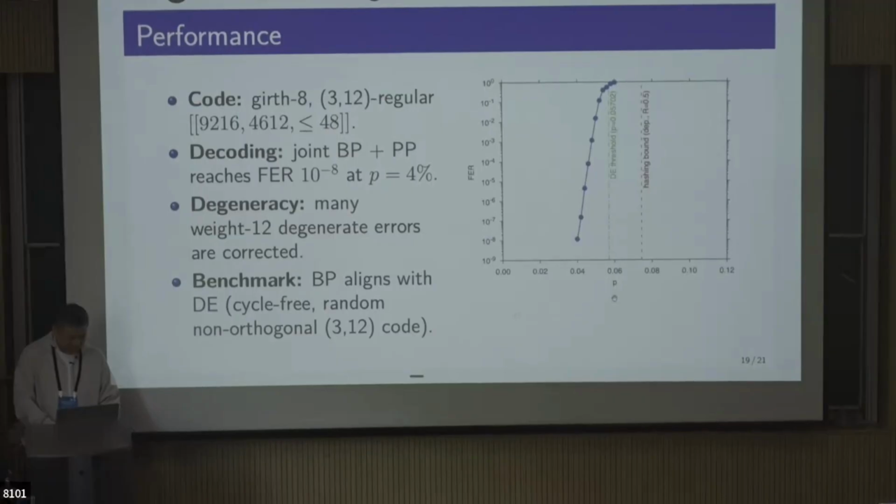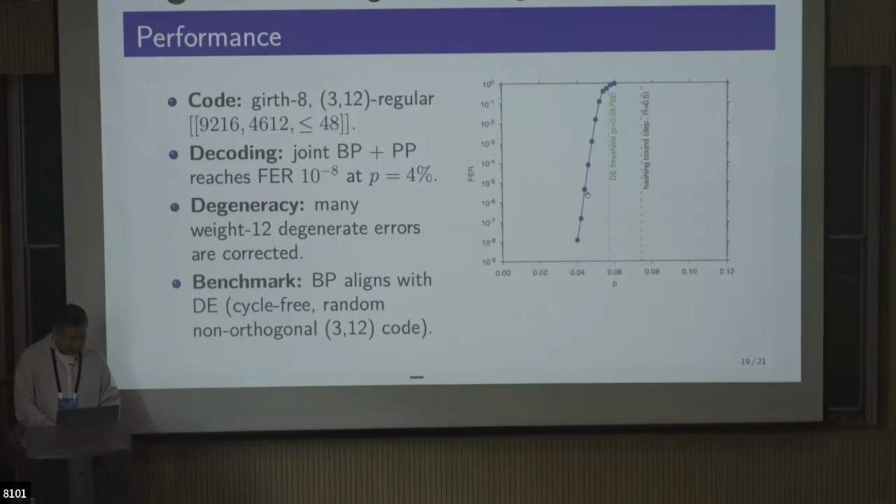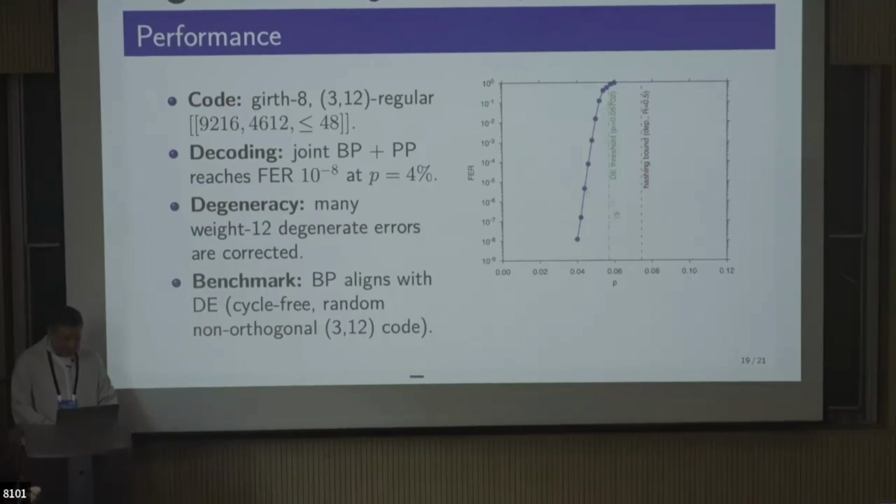The density evolution threshold and the hashing bound are shown for reference. First, many weight 12 degenerate errors are corrected. Second, the BP curve aligns with the density evolution benchmark for a cycle-free random case.